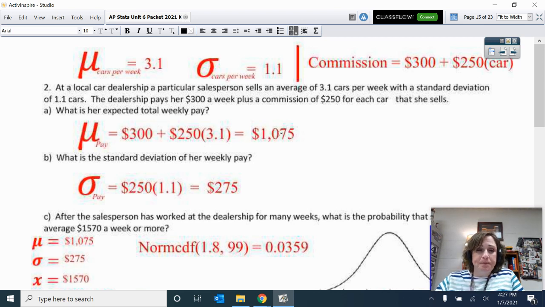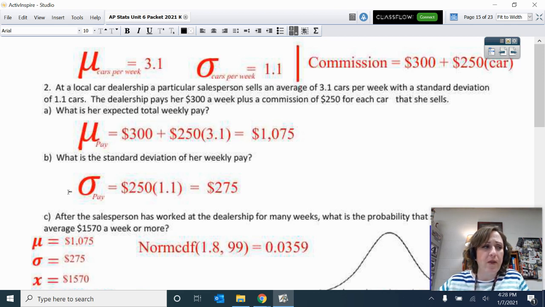Keep in mind that the mean does what you expect it to do and just plugs itself into the function. Addition, subtraction, multiplication, and division apply. But standard deviation is a diva.